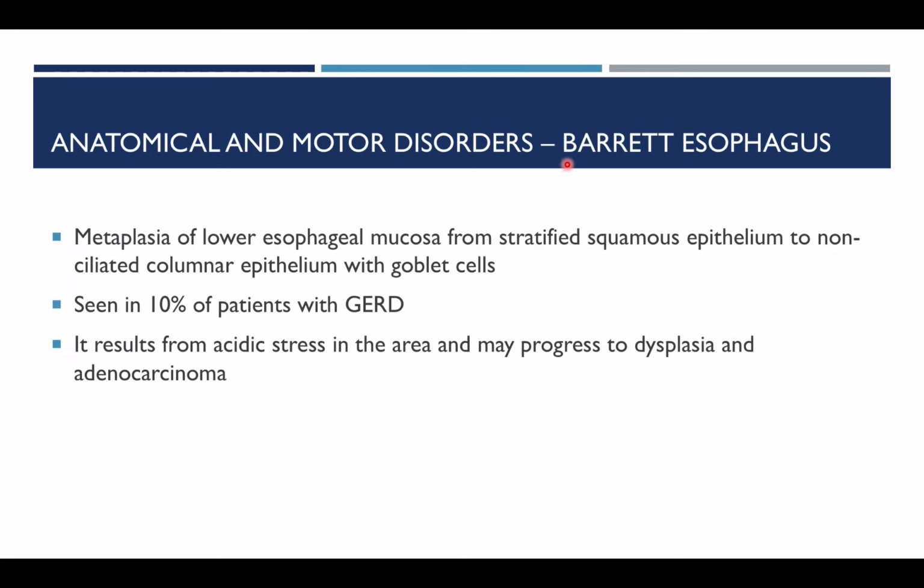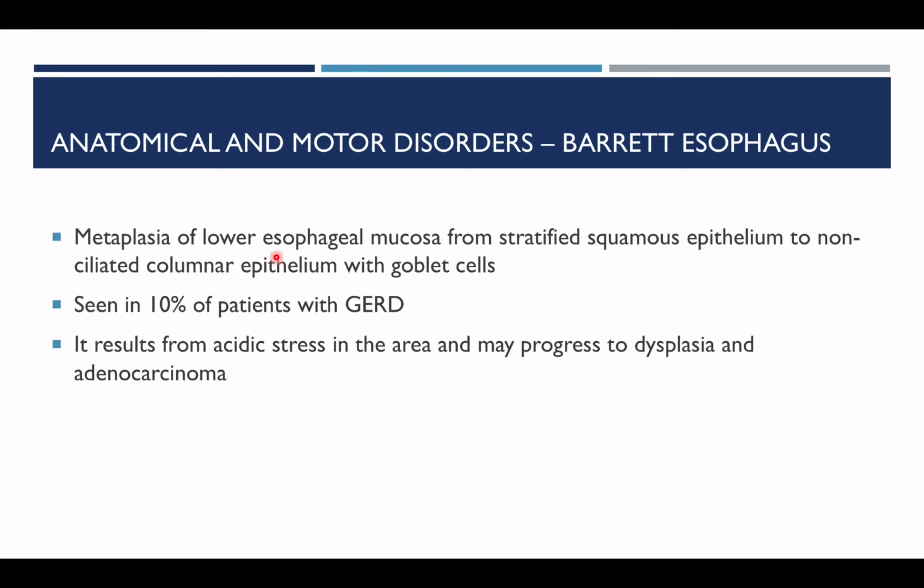So now we can talk more about Barrett's esophagus. Barrett's esophagus is metaplasia of the lower esophageal mucosa, from stratified squamous epithelium to non-ciliated columnar epithelium with goblet cells. That's a lot to take in, so we can go over it again.